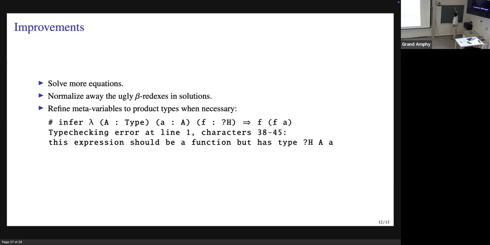In this case, some product, let's call it B, C. And then after that, you check that this little a here has the type B, and then the answer is C with A for X. That's the rule.